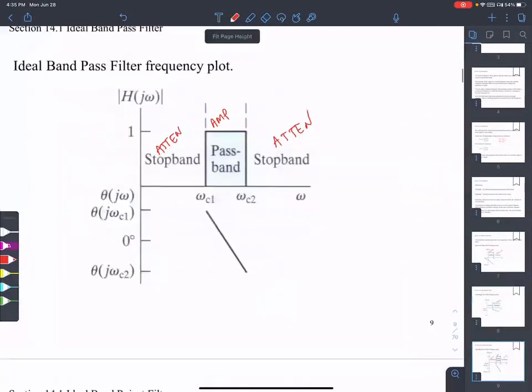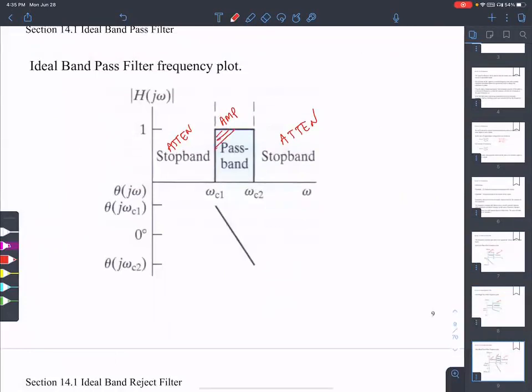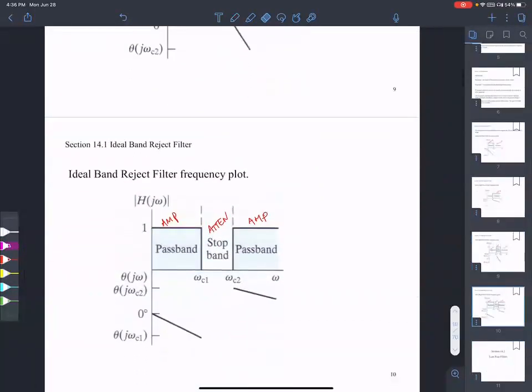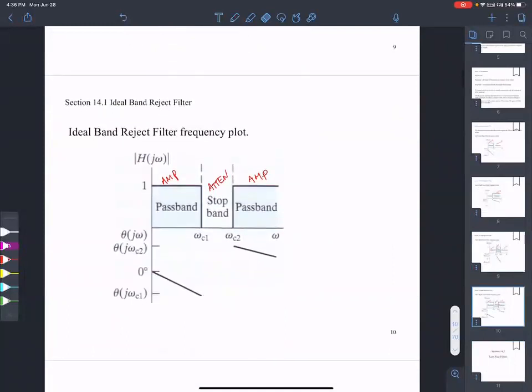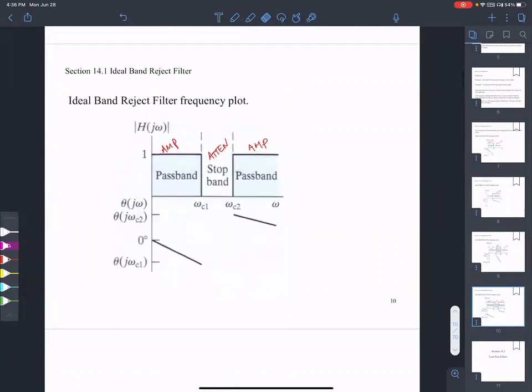Then there is the band pass filter, or a pass band filter, where anything in between the lower cutoff frequency ωC1 and the higher cutoff frequency ωC2 is passed, and anything below or above is rejected. And there is the band reject filter that we discussed.